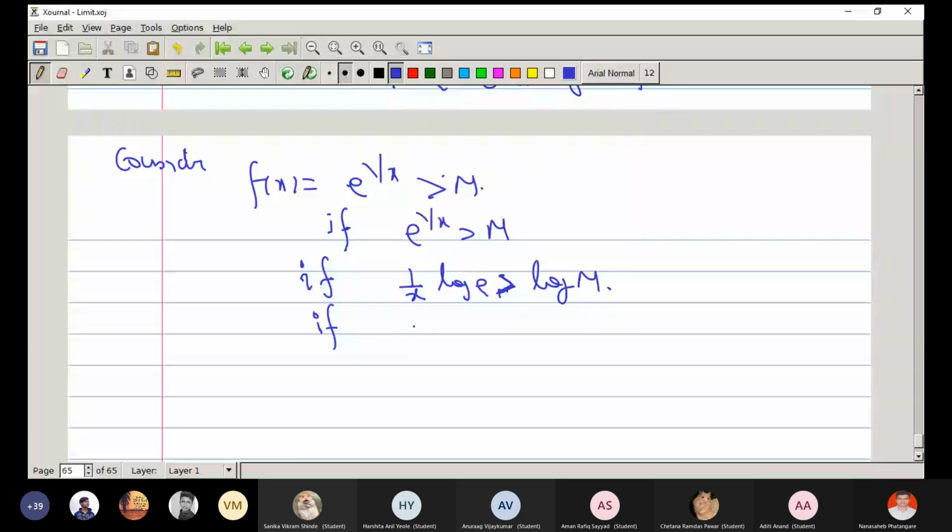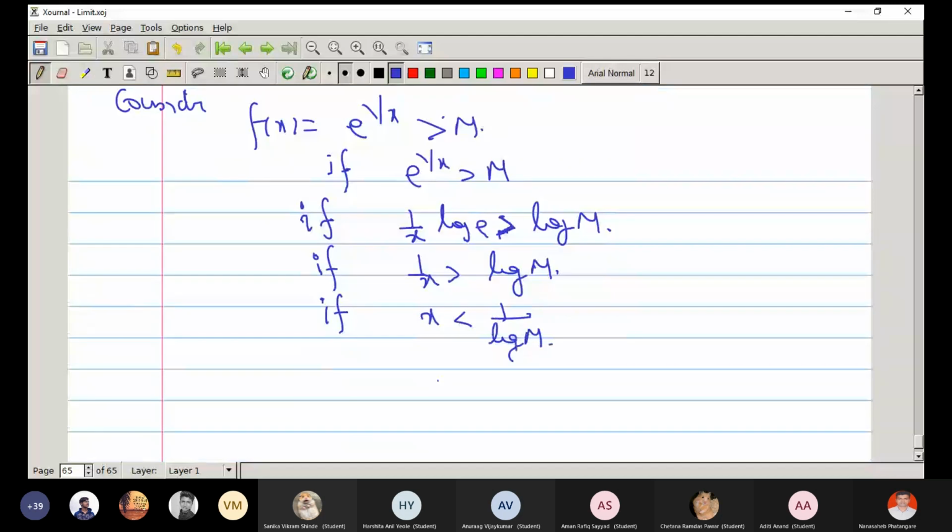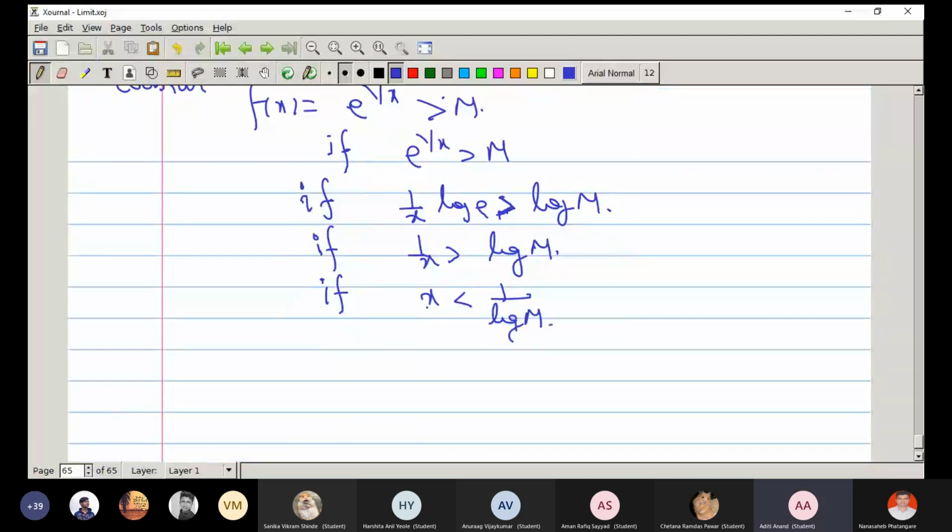But log e is 1. So 1 by x is greater than log m, right? Which is possible if x is less than 1 upon log m. Now can you tell me delta? So 1 by log m. Choose delta sufficiently smaller, no harm. Choose 1 upon log m plus 1.